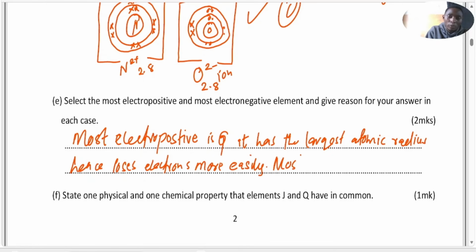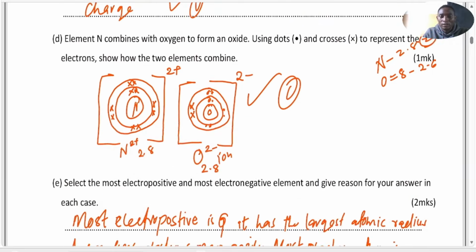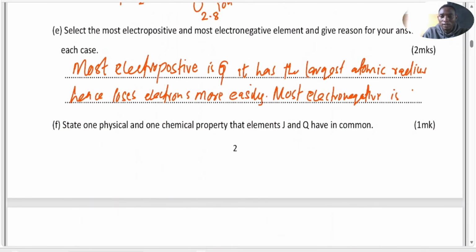Most electronegative, in our case we have said, is K, which is chlorine. K has the smallest atomic radius, hence readily gains electrons.